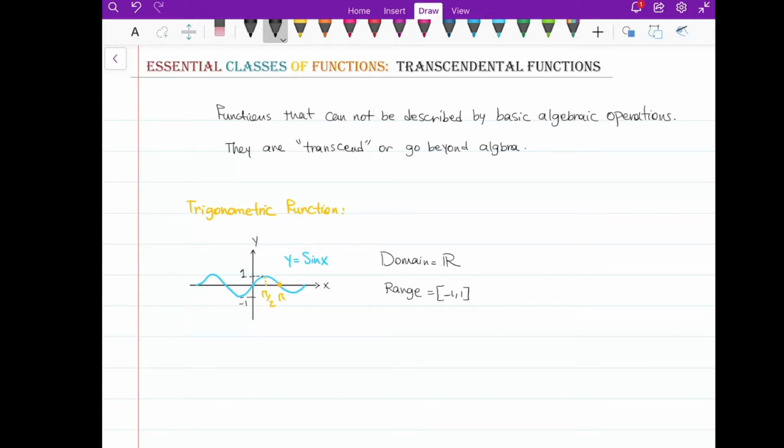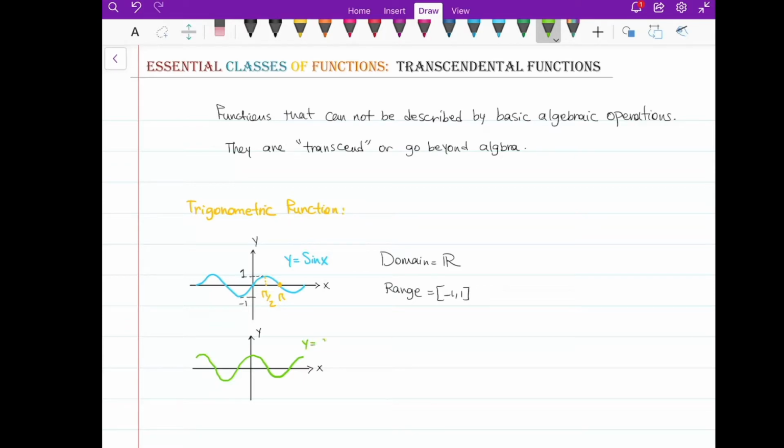Okay, and the other one that you probably know would be cosine of x. I'm gonna graph cosine of x for you. Let me use another color for that, like this.